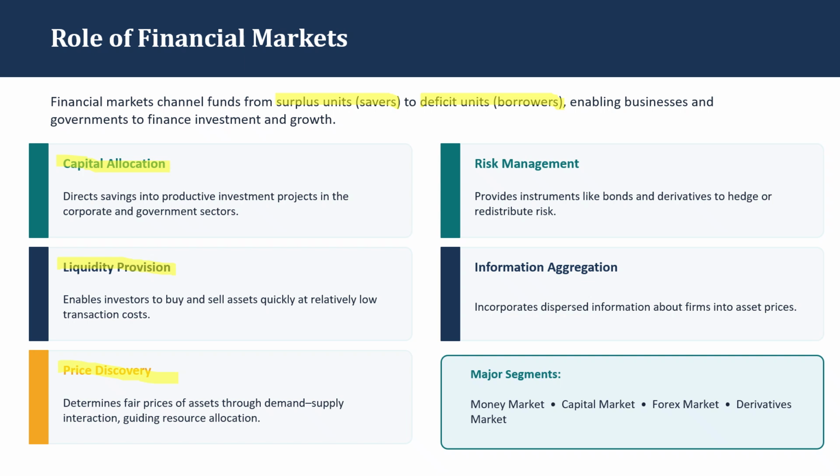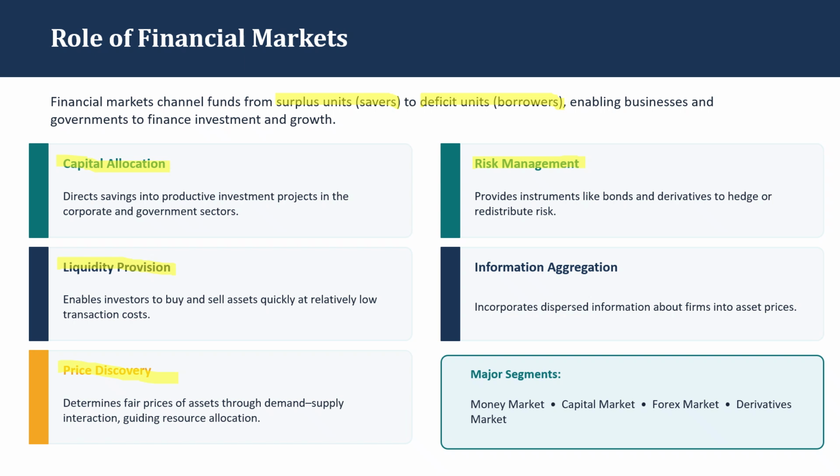Now let us come to the fourth important function or role, that is risk management. Financial markets help with risk management. In real life, there is uncertainty everywhere. Interest rates can change, exchange rates can move, stock prices can fall, and borrowers can default. So if each economic agent had to bear all this risk alone, many investments would simply not happen.